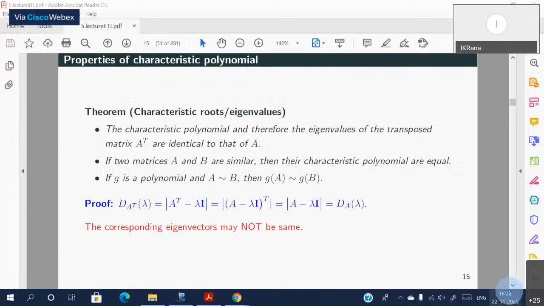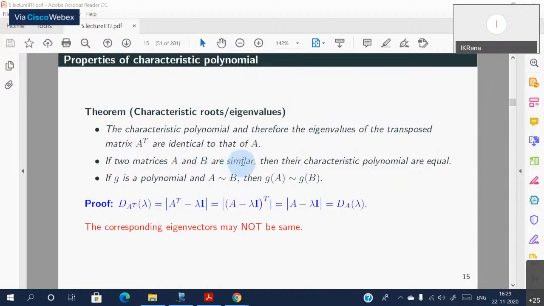This is about determinants, using determinant properties. If A is similar to B, what is the meaning of A similar to B?